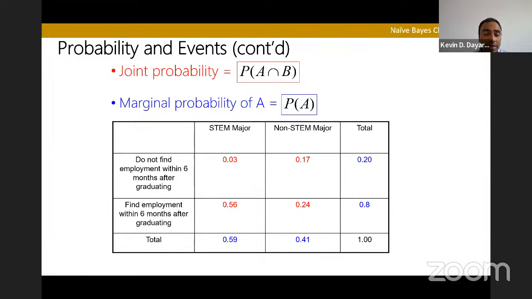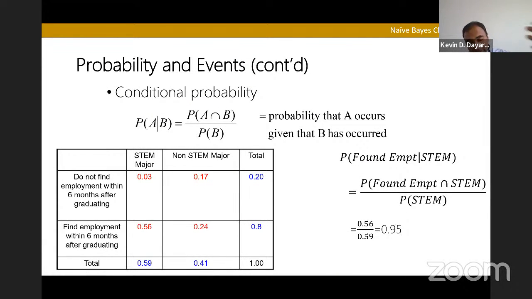So in a nutshell, these are joint probabilities, and when you add them across the columns, they are marginal probabilities. 0.2 and 0.8, for example: of those who don't find employment within 6 months after graduating, that probability is 0.2. 0.8 is the probability of finding employment within 6 months after graduating. And you have these probabilities of being a STEM major and not being a STEM major amongst randomly chosen individuals.